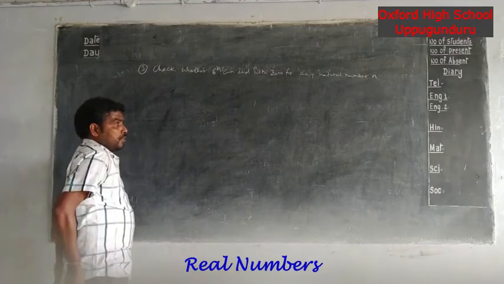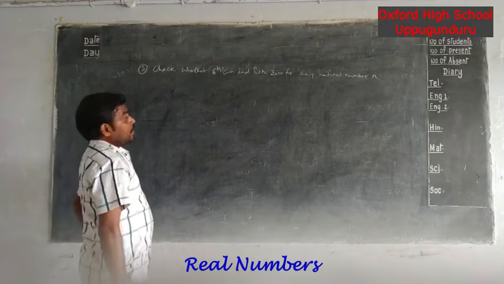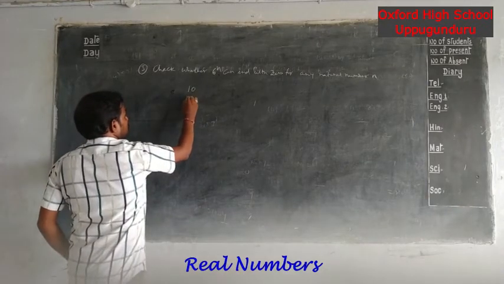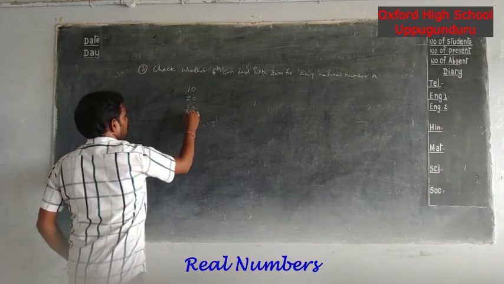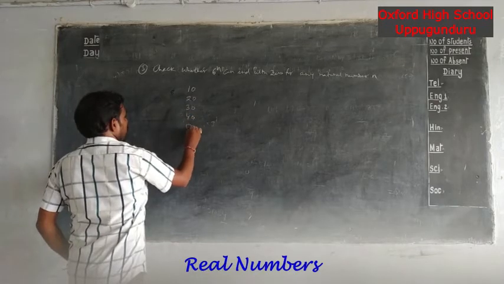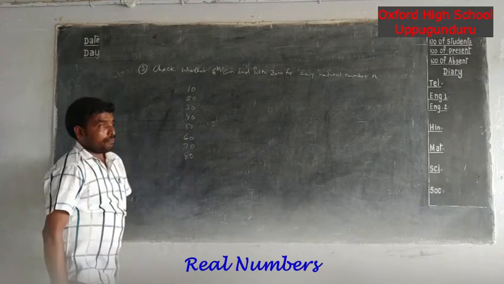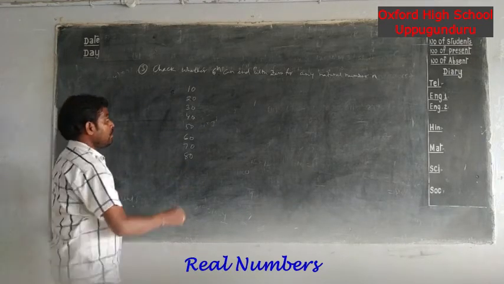For this, consider the numbers ending with 0: 10, 20, 30, 40, 50, 60, 70, 80, all these. When you observe all these, what are the prime factors?